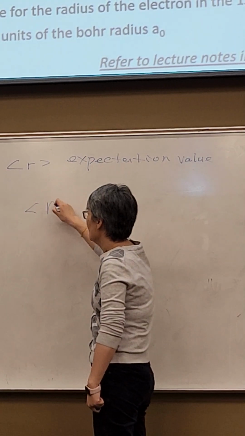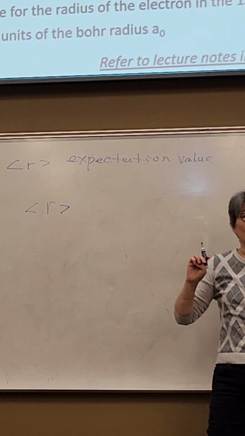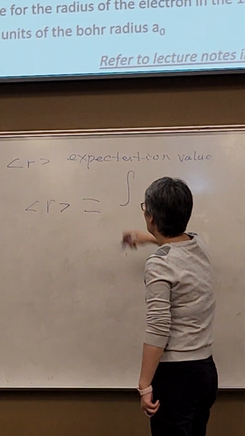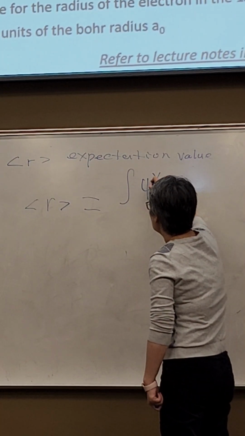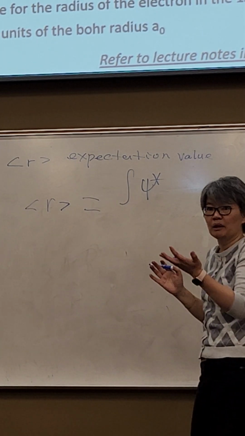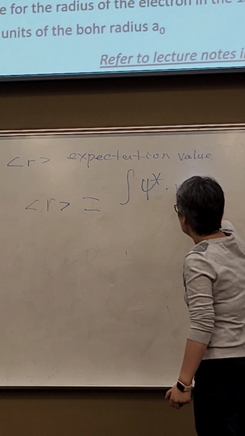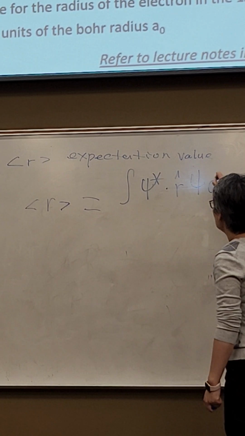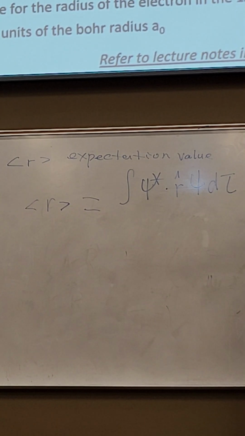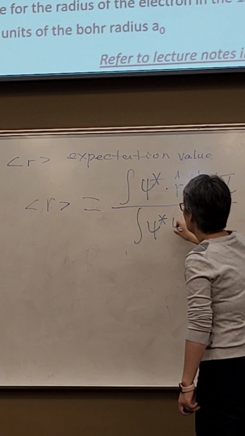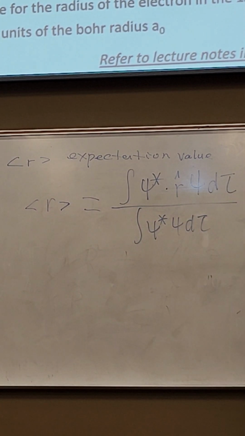If you have an observable of interest, you take the integral of the complex conjugate of the wave function that defines the quantum state, times the operator for that observable operating onto the wave function, integrated over all space, and then you have the denominator.